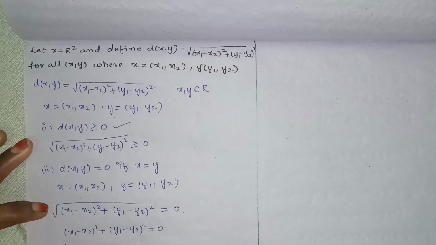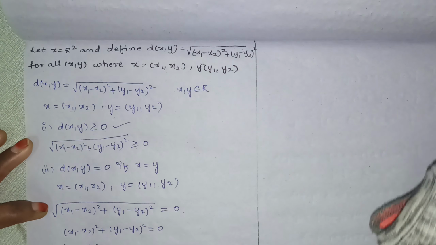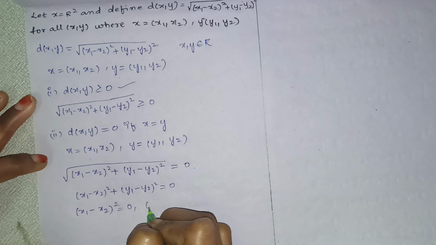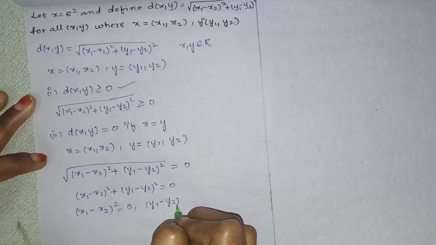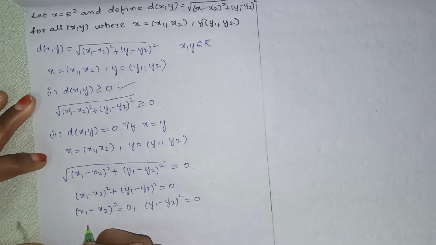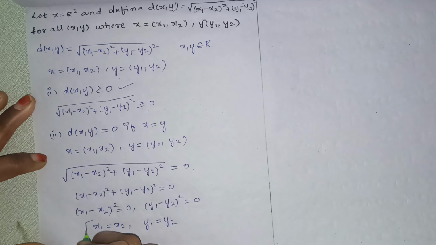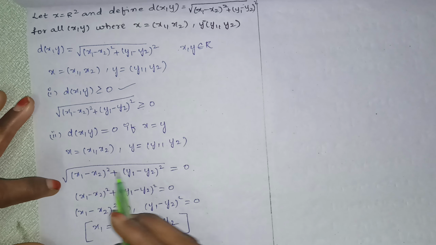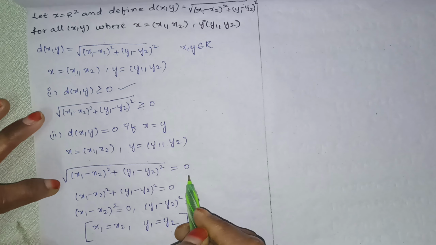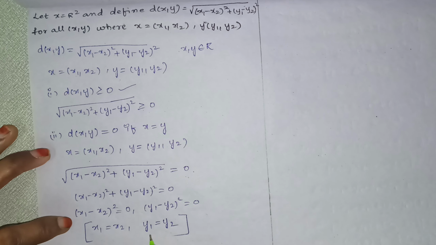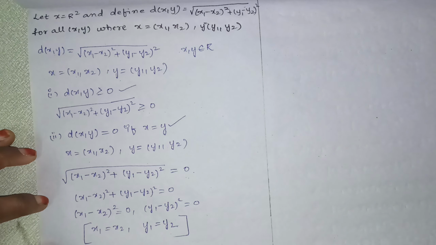And we can take (x1 minus x2) whole square equals 0 and (y1 minus y2) whole square equals 0. From this we can write x1 equals x2 and y1 equals y2. So by taking d of x comma y equals 0, we have proved that x equals y, which is x1 equals x2 and y1 equals y2. So the second property is also satisfied.